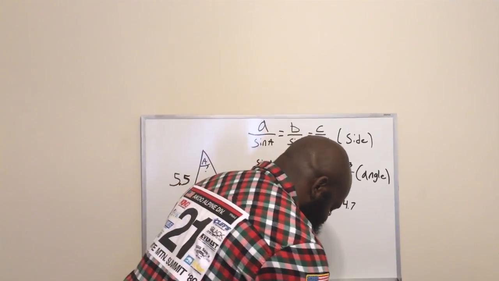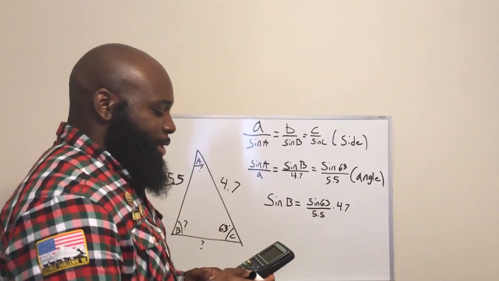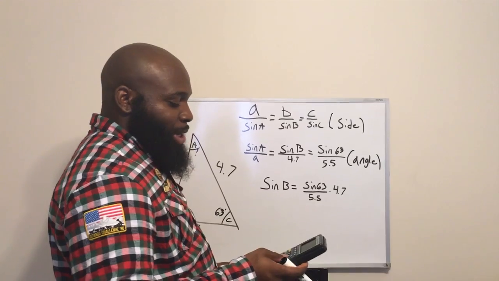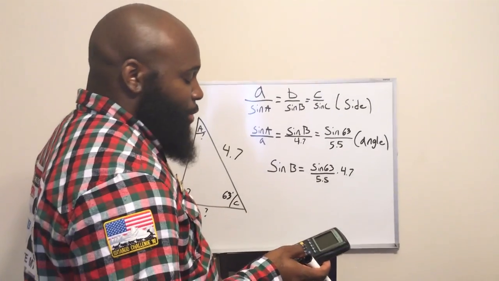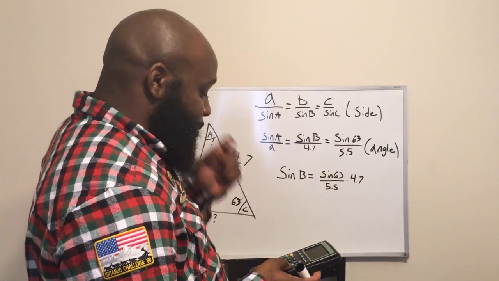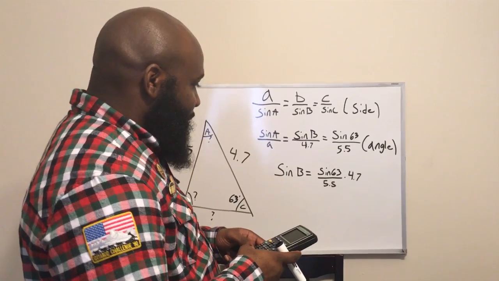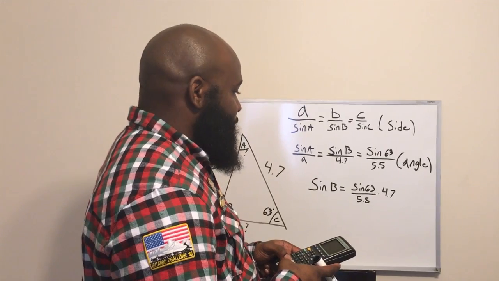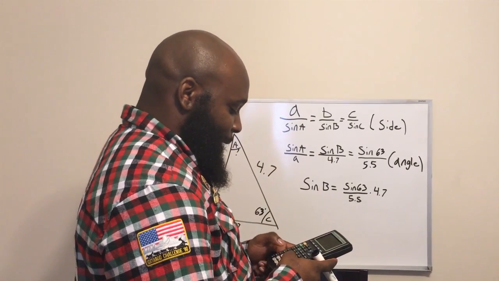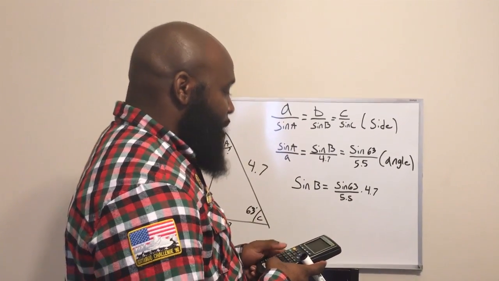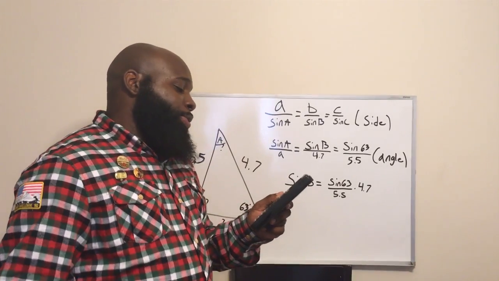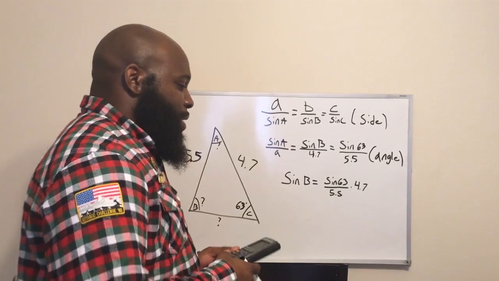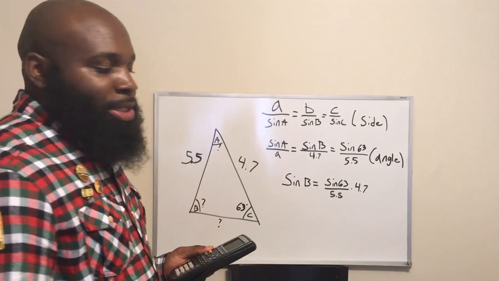Let's get our graphing calculators, TI-83 or 84, whatever calculator you have, and go to mode and make sure that degrees is checked. It's very important. Let's type in sine 63 divided by 5.5 times 4.7, and you will get a value such as 0.7614. Now we can't do anything with this value as it is.